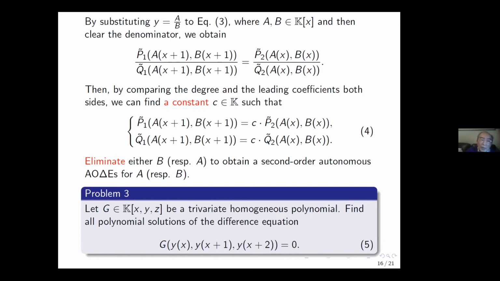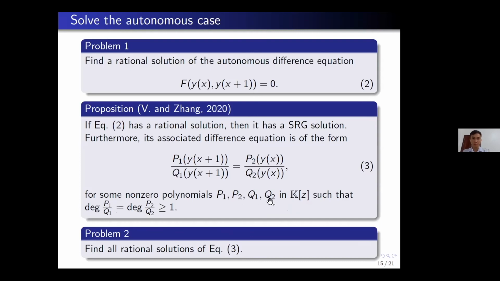So in that result, are you allowing P1 tilde, Q1 tilde, P2 tilde, Q2 tilde to be arbitrary? Or does it depend on how you actually got that? There are some conditions for P1 tilde and P2 tilde, and the conditions come from the conditions on P1, P2, Q1, Q2 here. For example, the degree of P1 over Q1 must be equal to the degree of P2 over Q2.